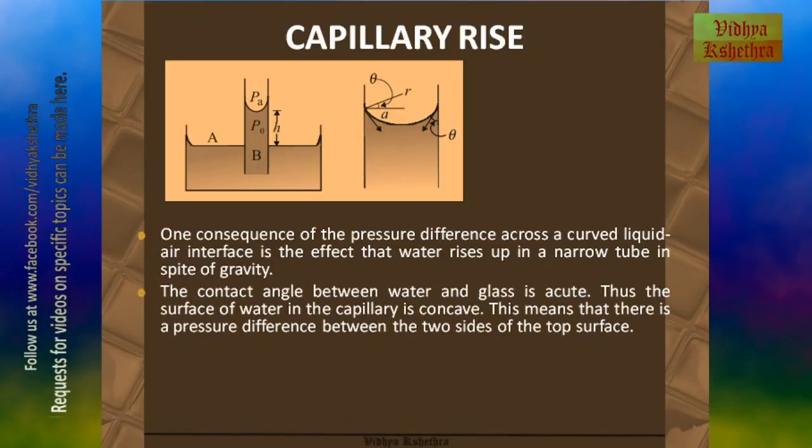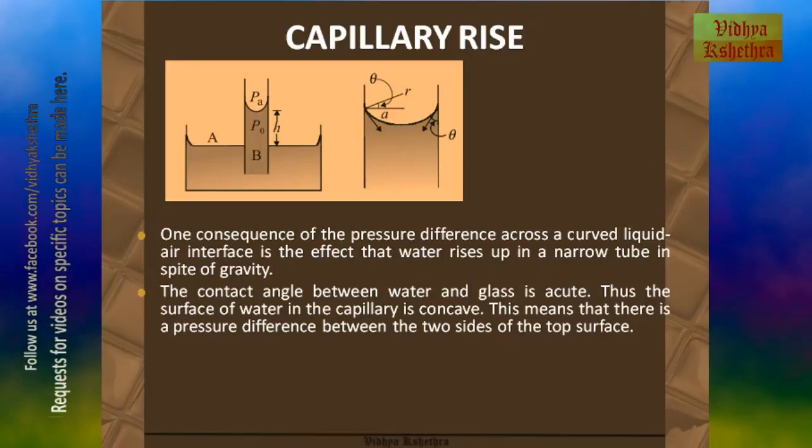Now the contact angle between water and glass is acute. Hence, water wets glass. Thus, the surface of water in the capillary is concave. This means that there is a pressure difference between the two sides of the total surface.